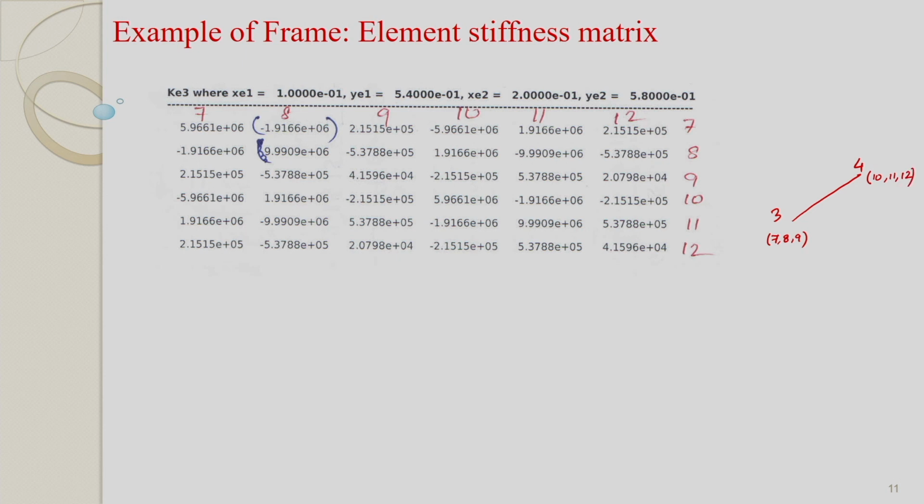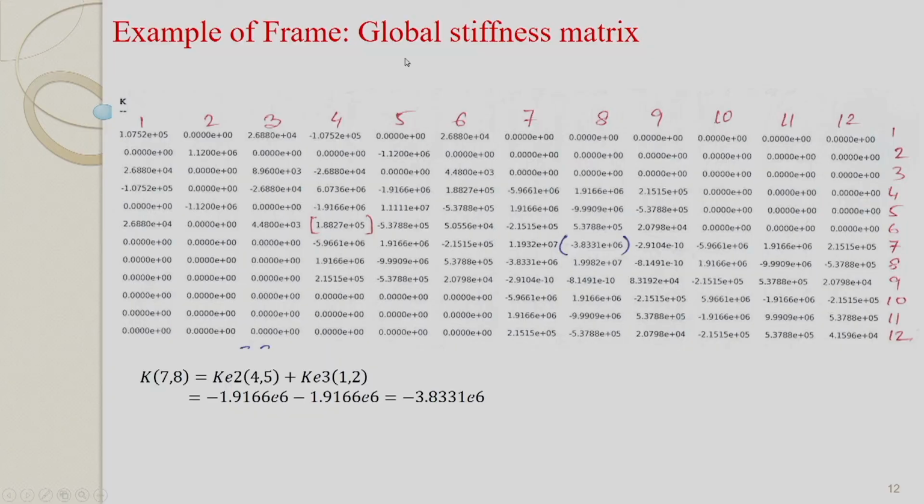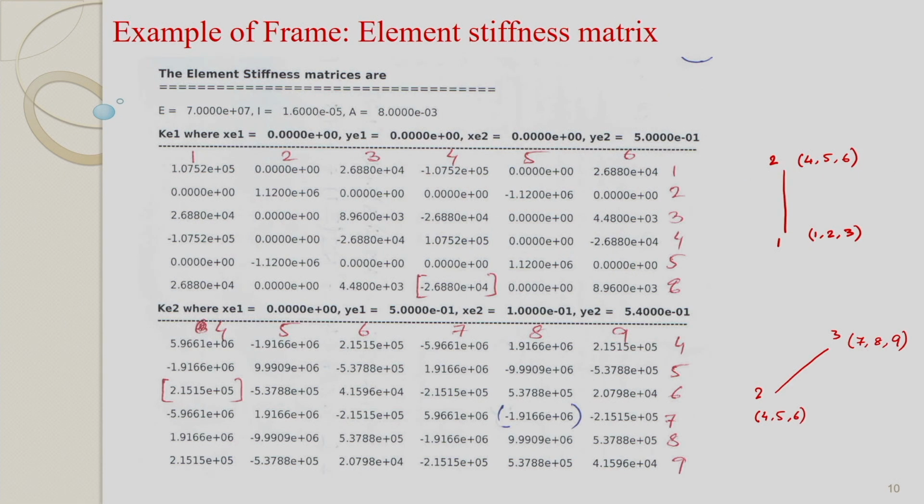Now we do our usual assembly operation. Then this is our global stiffness matrix. If you see, this term in 7th row and 8th column is obtained for element 2. This is the 7th global degree of freedom and 8th global degree of freedom.